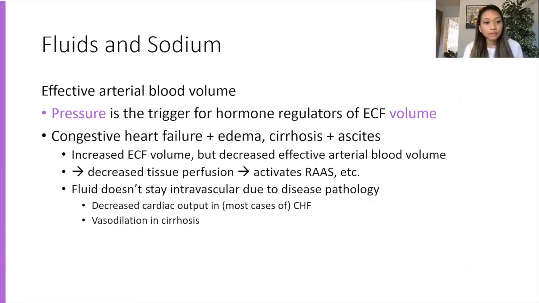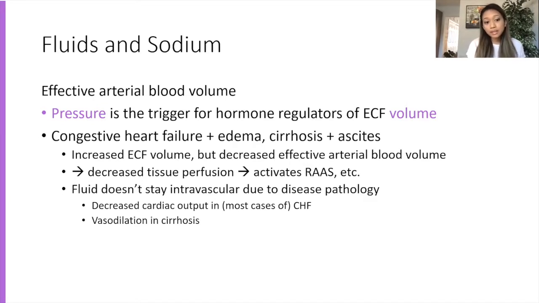So the effective arterial blood volume, again, just more comments on that. The pressure is the trigger, as we said. CHF and edema, and cirrhosis and ascites, are very important conditions that you're going to see a lot of in your patients, for most specialties, really. There's increased ECF volume, but decreased effective arterial blood volume. You get decreased perfusion pressure, and it activates the renin, angiotensin, aldosterone system.